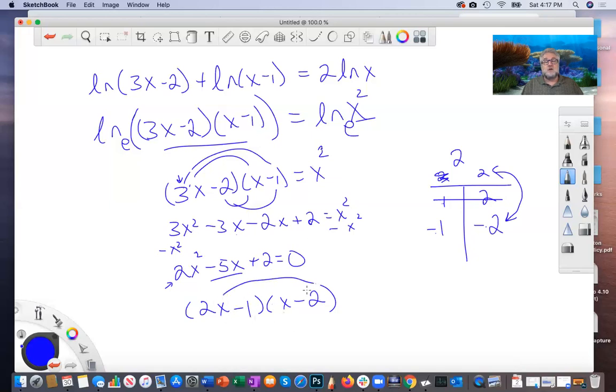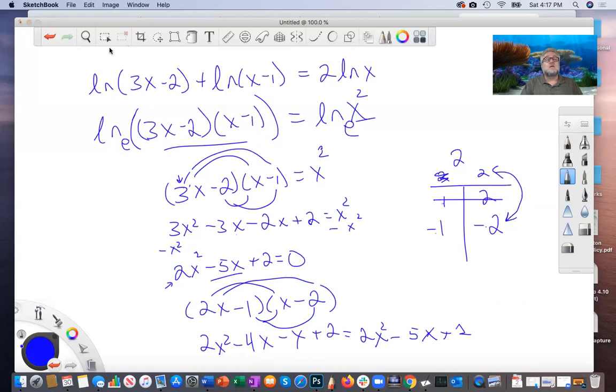Let's check it. First 2 is 2x squared. And then 2x times minus 2, oops, minus 4x, outside 2, inside 2, last 2. So that's 2x squared minus 5x plus 2.